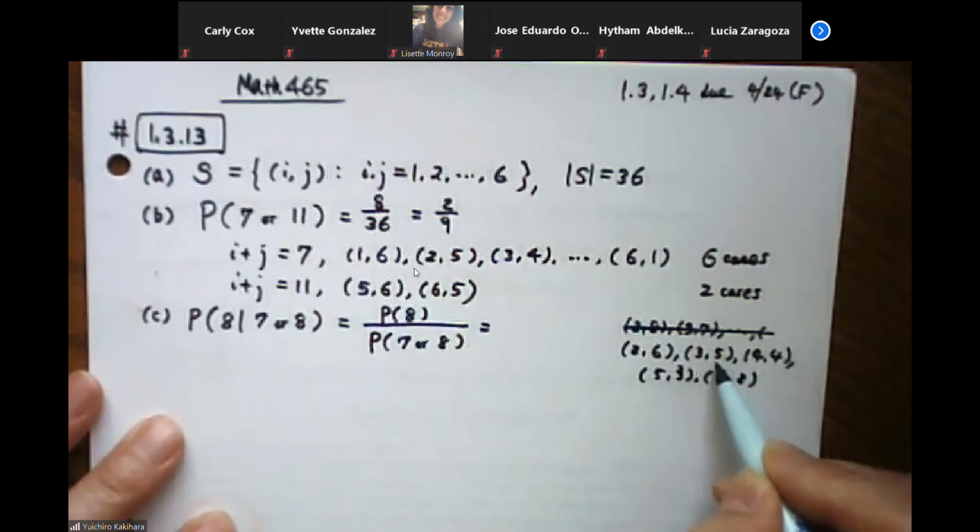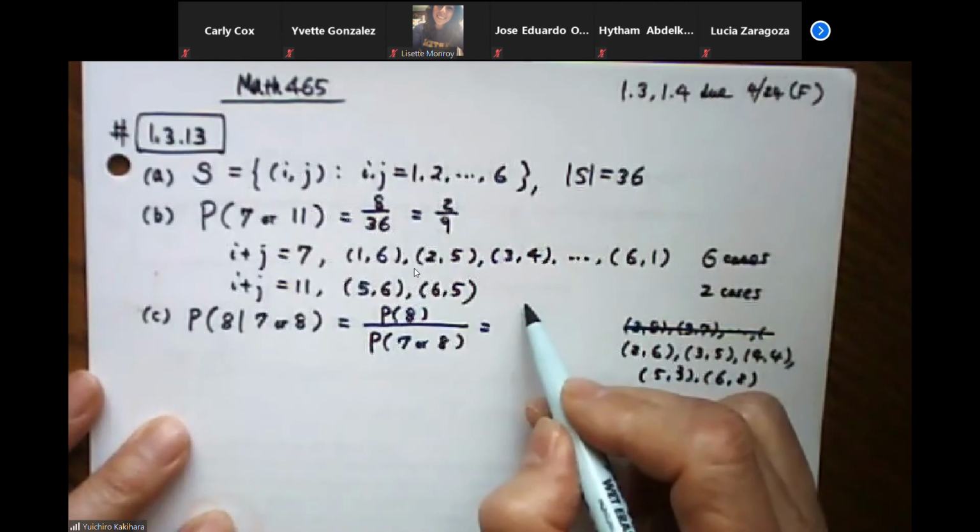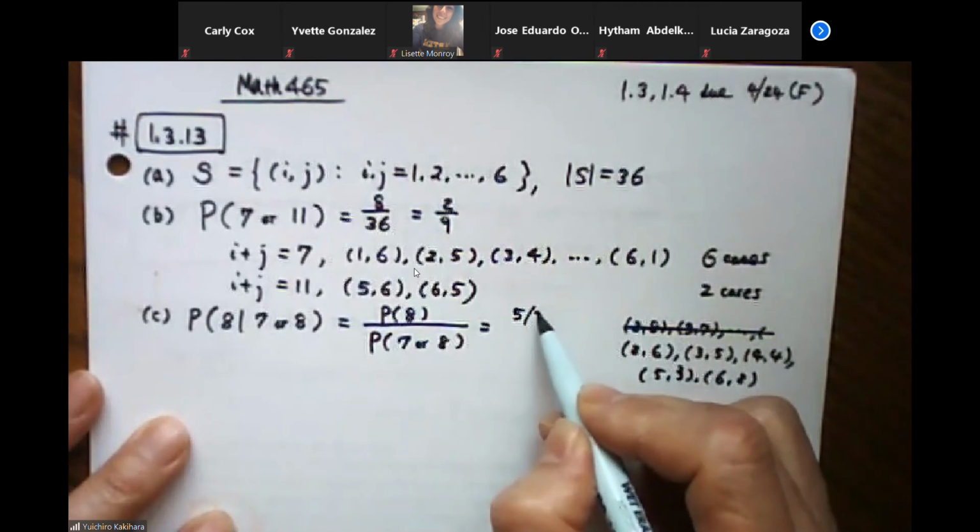How many? 1, 2, 3, 4, 5. 5 possibilities. This probability is 5 divided by 36.